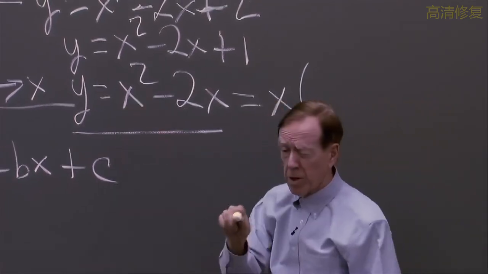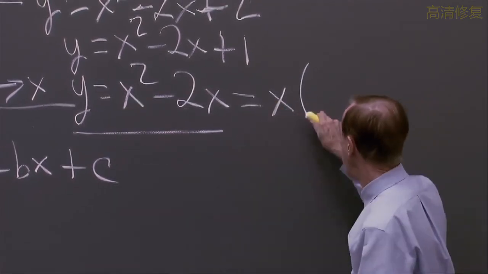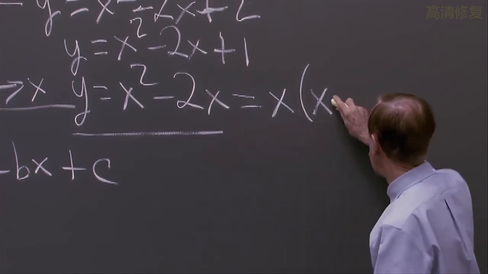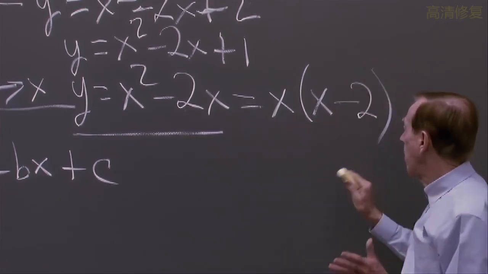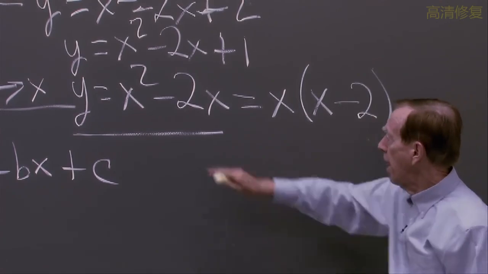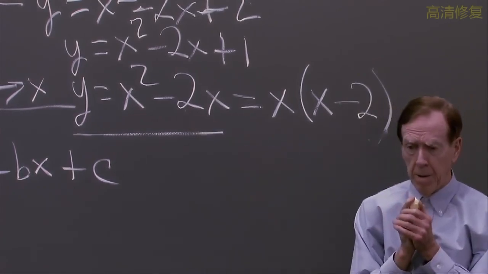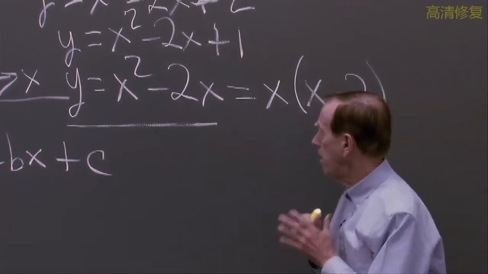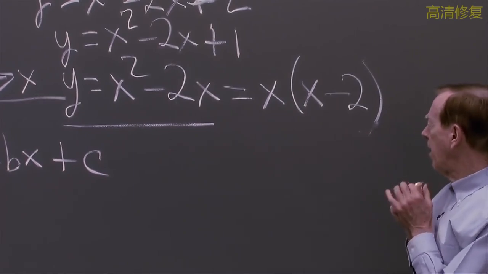That x squared, of course, means x times x, so I need an x times an x there. And here I have minus 2 times the x. That's what I would call factoring that polynomial. Quadratic, because it's got that square in it.